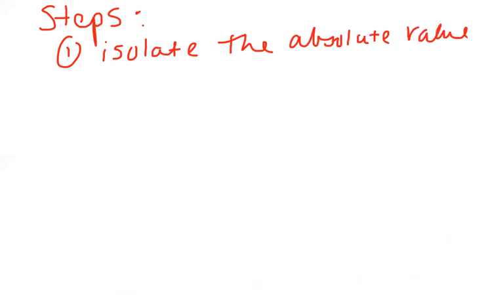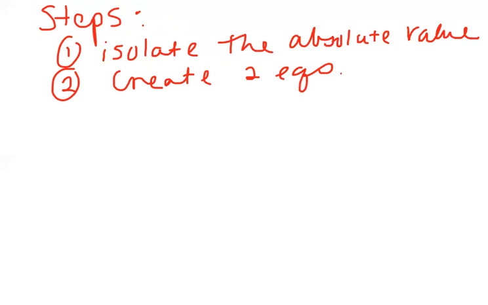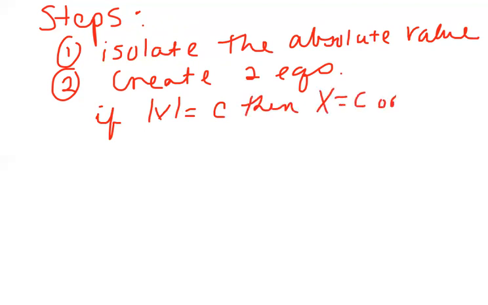Once you have it isolated, step 2, create 2 equations. You could also use a compound equation. Remember that if the absolute value of x is equal to c, then either x equals c or x equals negative c. This is how you go about creating your 2 equations.